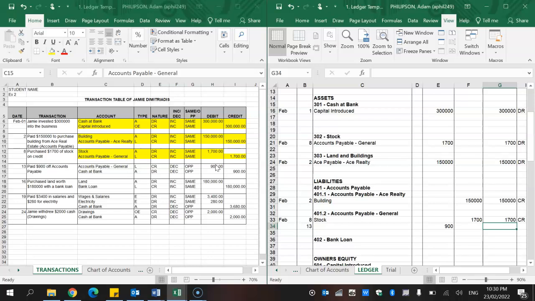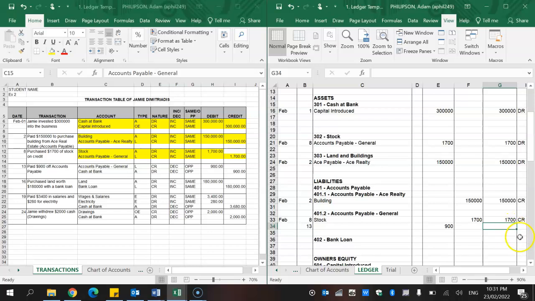This is where things get a little bit tricky. It's not hard, but it is something that trips people up. So, if we have $1,700 in our accounts payable general, we bought some stock and we owe our supplier $1,700, so therefore it's a positive liability, it's $1,700 credit. But we've gone and paid $900 off our bill, so that means our liability has gone down by $900.